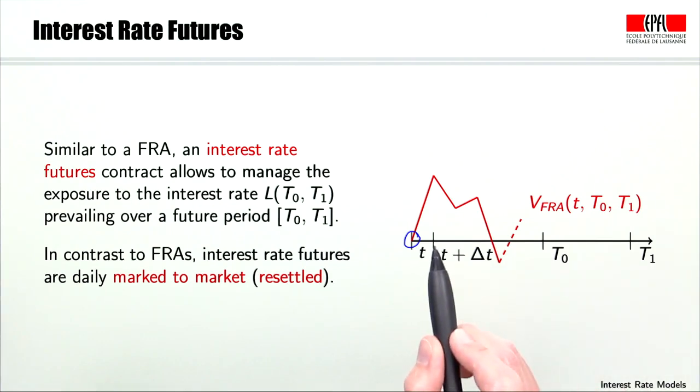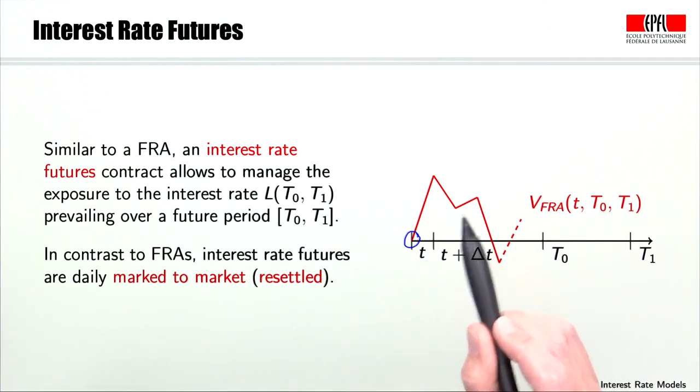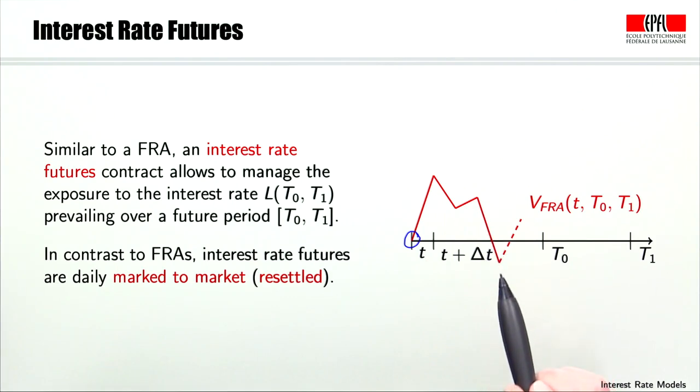But already the next day, economic conditions may have changed and the value of the forward rate agreement turns out to your favor to become positive. This value may, of course, also become negative. Eventually, it will converge to the payoff of the forward rate agreement.